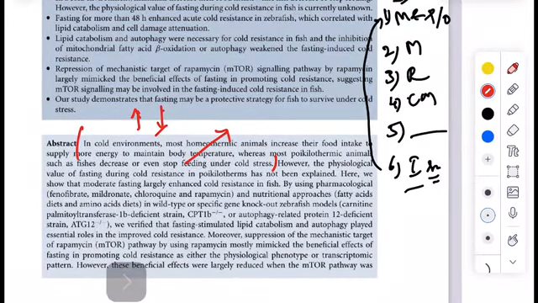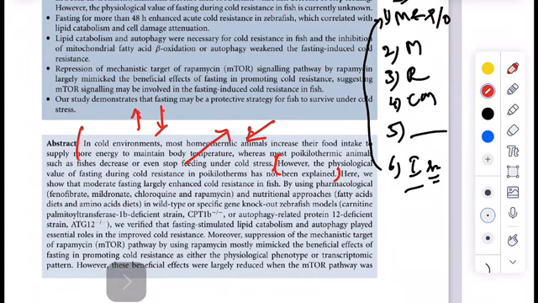However, the physiological value of fasting during cold resistance in poikilothermic animals has not been explained. Motivation is okay; coming to the objective, how fasting is so important for these animals is not explained well.